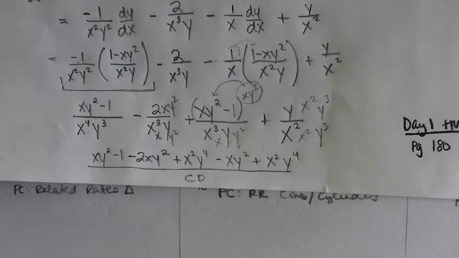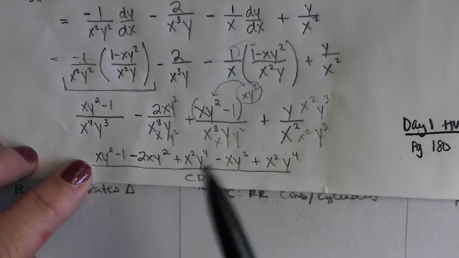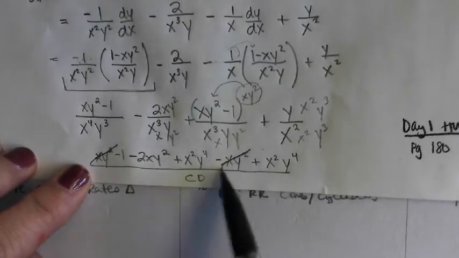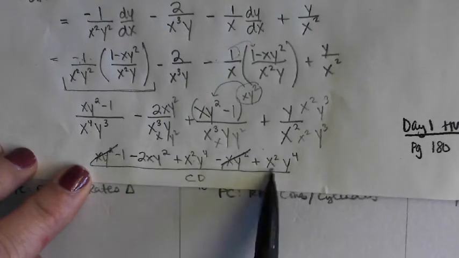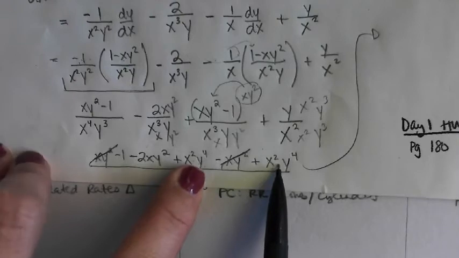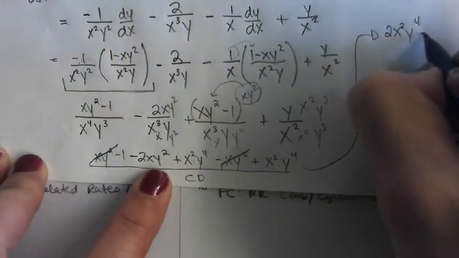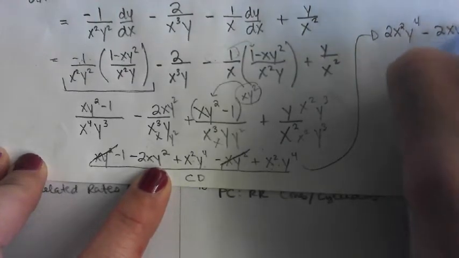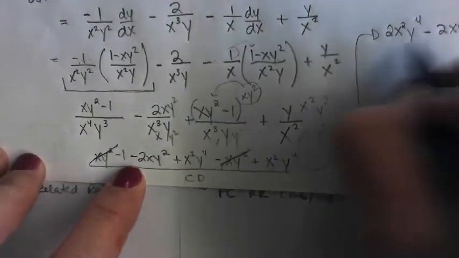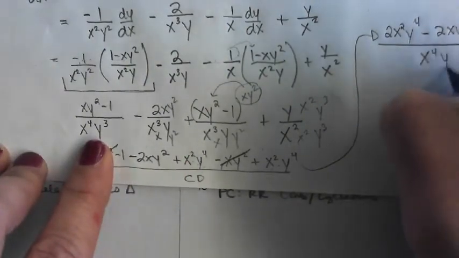In my numerator, what can I cancel? Xy squared minus xy squared? Yes? These two can combine. So I think I'm about ready to write my final answer. I've got 2x squared y to the 4th minus 2xy squared minus 1, all over my common denominator, which was x to the 4th y cubed.